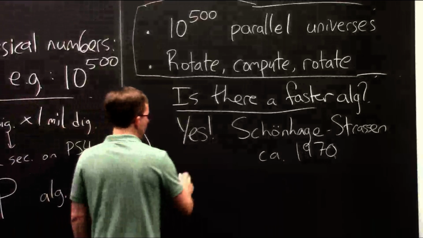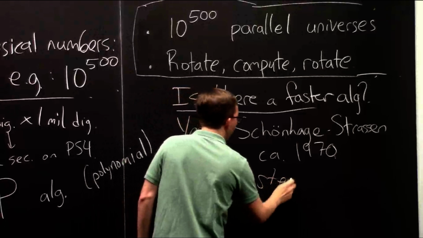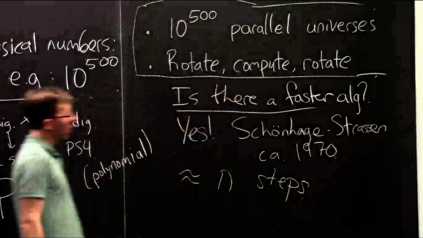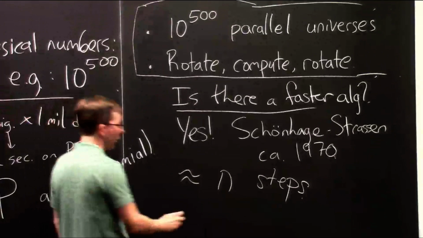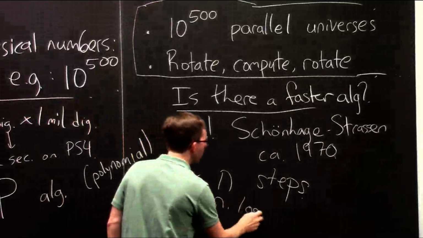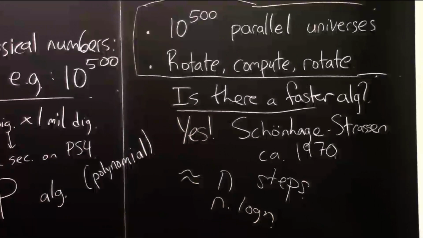It basically takes like n steps. This is maybe a slight exaggeration. Actually, it depends on the exact model of computation you used. Maybe you might prefer if I said n times log n steps. But basically, it takes proportional to n steps. I mean, a number of steps that's proportional to the length of the input.